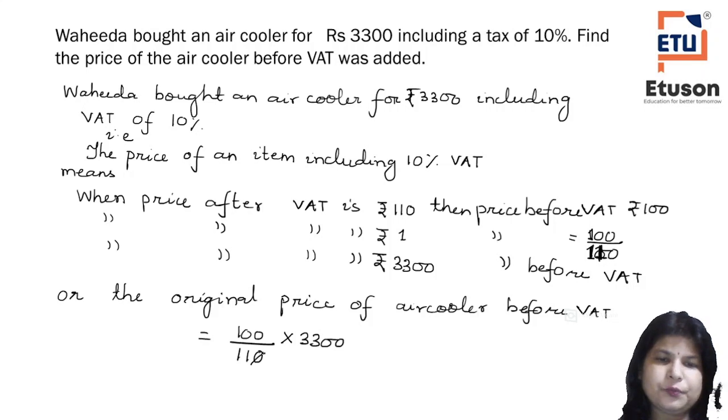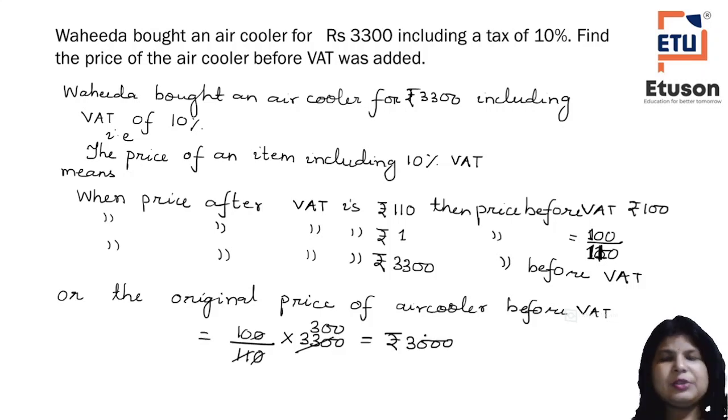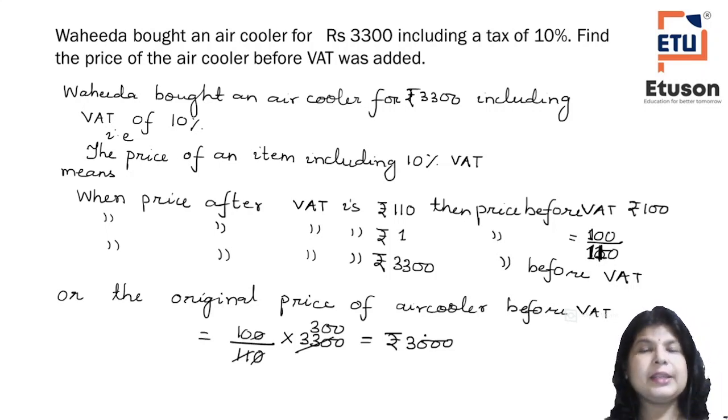Correct? So 11, here comes your 300 and your price is 3000. Okay, so the price of the air cooler before VAT was added is rupees 3000.